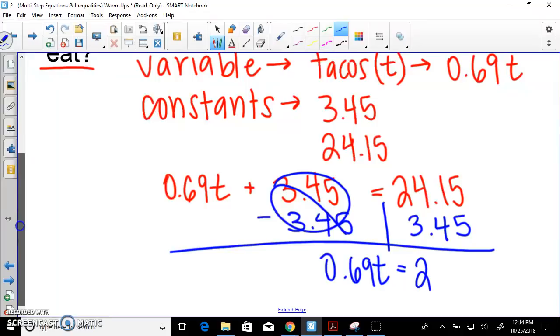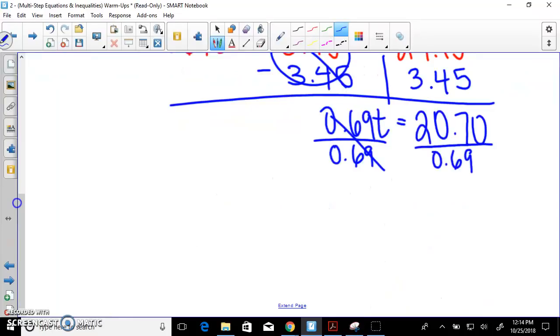You get 24.15 minus 3.45, and we're going to divide that by 0.69 to find the total amount of tacos that he buys.